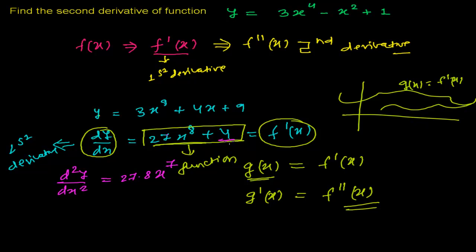And 27 times 8 is 216, so it will be 216x to the power 7.